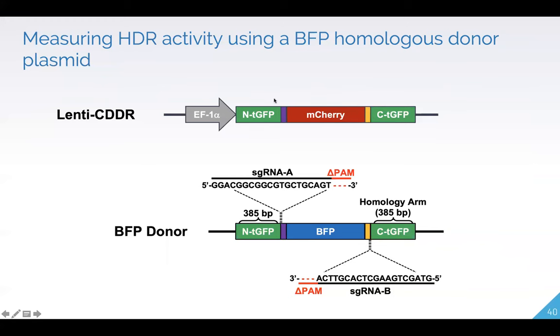If you induce a cut here, and you have in the cells a sister that has homology here and here, this BFP can potentially be recombined instead of the M-Sherry, and the cells will light up blue, only if the BFP comes exactly in the right position here under the same promoter. And that would be indicative of homologous recombination repair. So you can actually quantitate homologous recombination repair if you only add one additional plasmid.